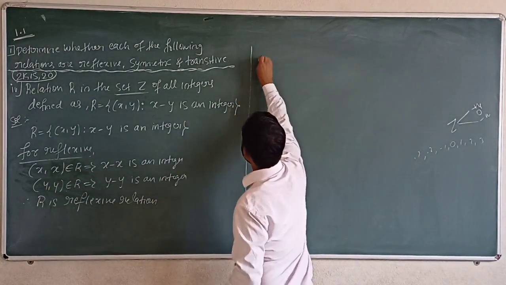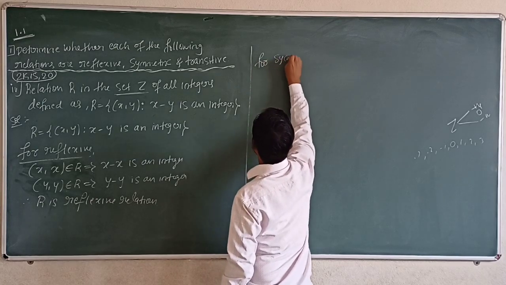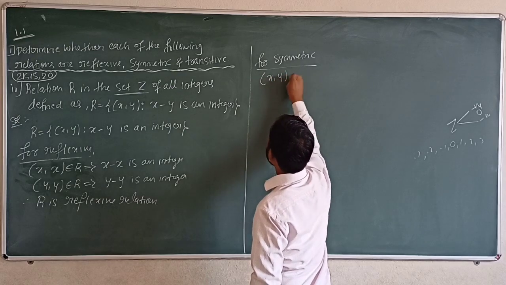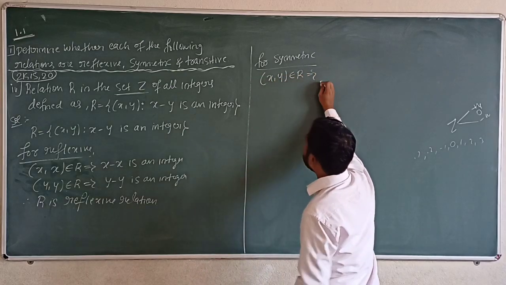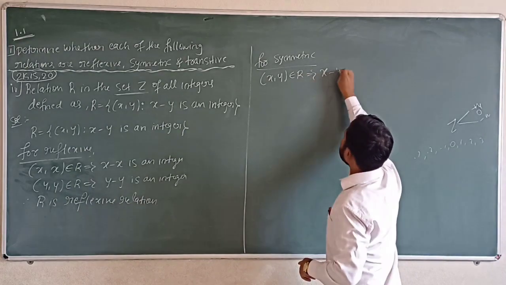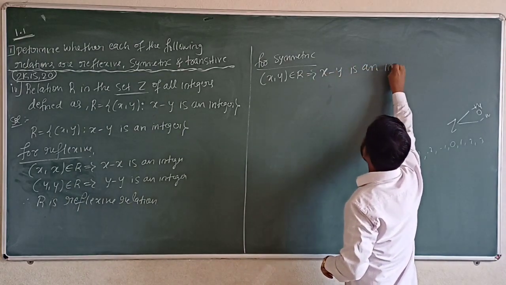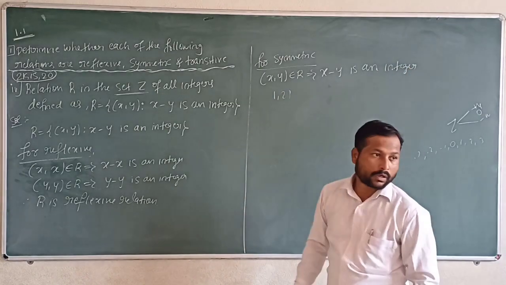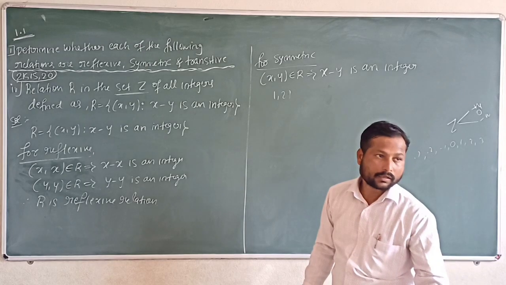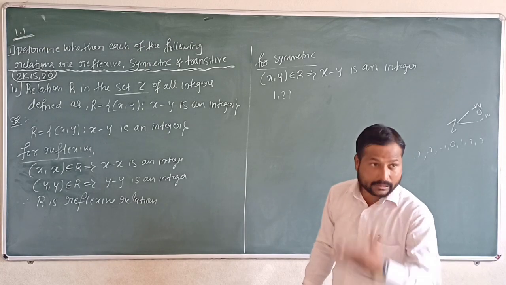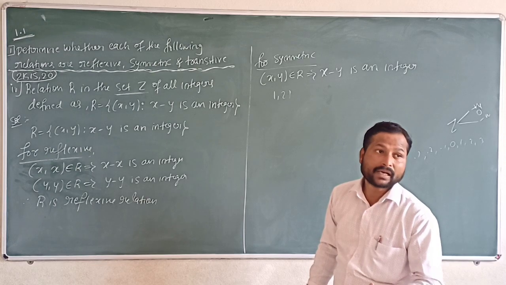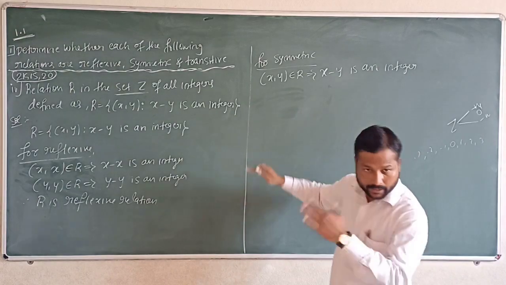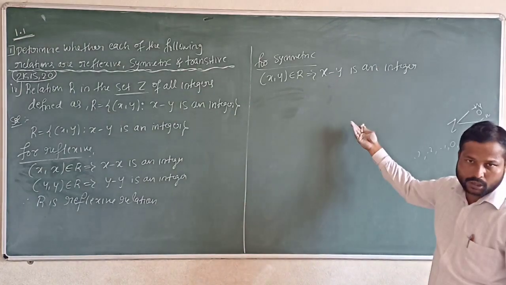Now for symmetric. Take x comma y belongs to R, which implies x minus y is an integer. Take 1, 2: 1 minus 2 is an integer. Take 5, 10: 5 minus 10 is an integer. Whatever numbers we take, we get an integer. In general form, x minus y is also an integer.